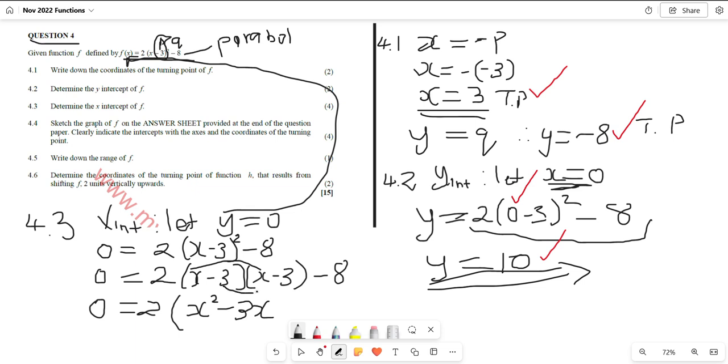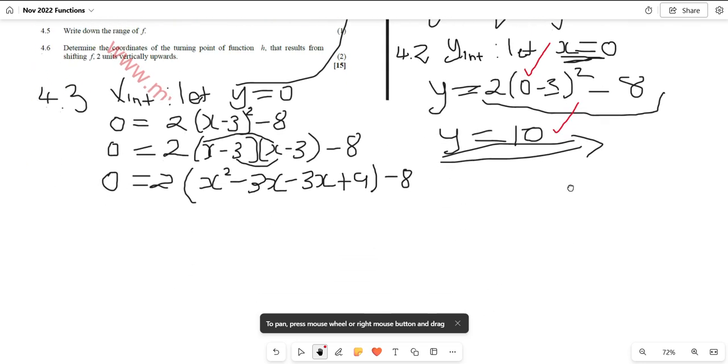Then we come here, negative 3 multiplied by positive x. Negative always wins, so x multiplied by 3 gives us negative 3x. Then negative multiplied by negative gives us a positive. Then 3 multiplied by 3 is going to give us positive 9. Close bracket, negative 8.